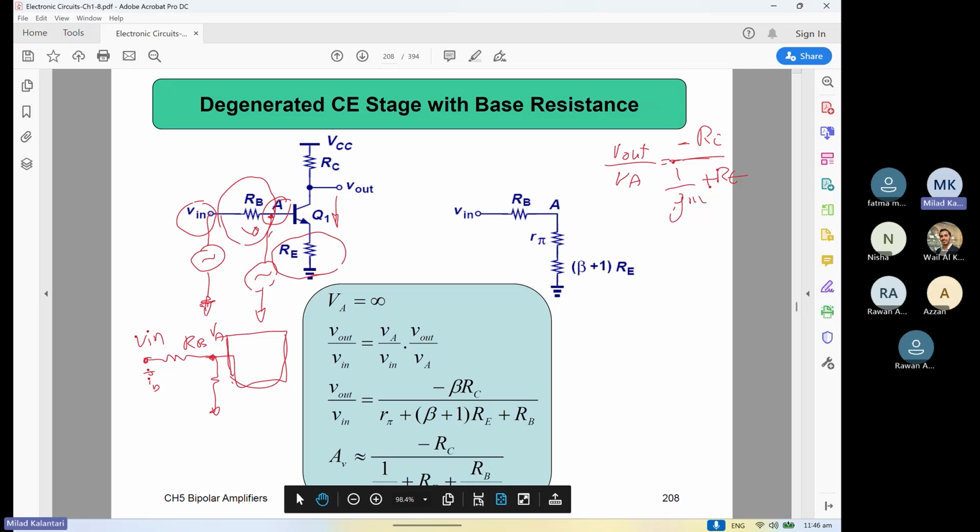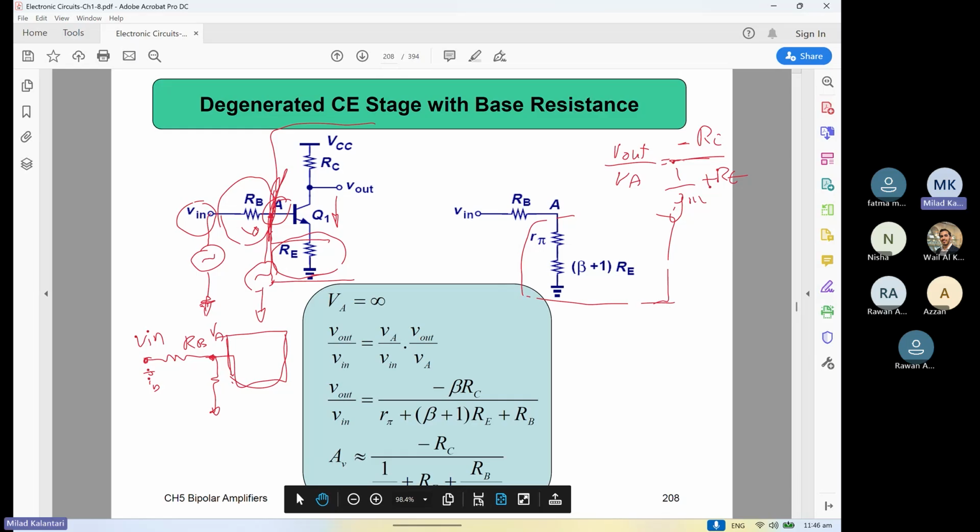This is the loading effect. So what is the impedance of this box from the A point? It is R pi plus you transfer the R emitter to the base, right? From the base side, this is what you are seeing.